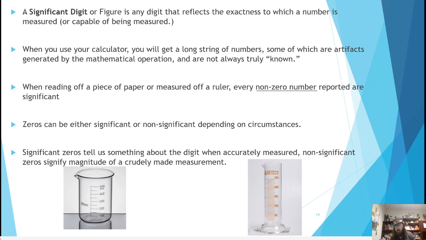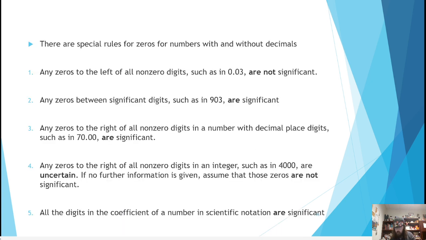So with that in mind, there are special rules for helping to recognize whether a zero is significant or not, whether the number has a decimal or it doesn't have a decimal. Remember, our non-significant zeros just tell us size.